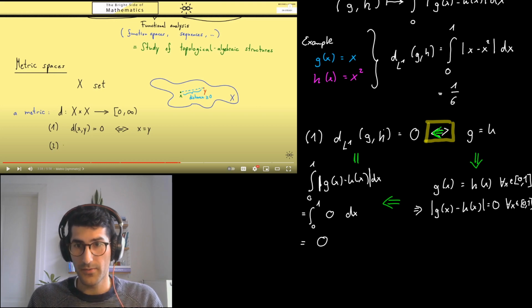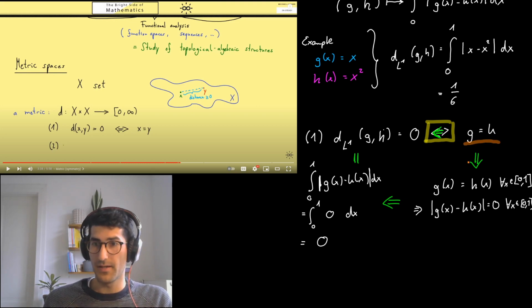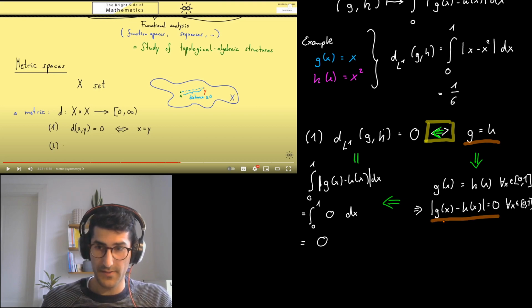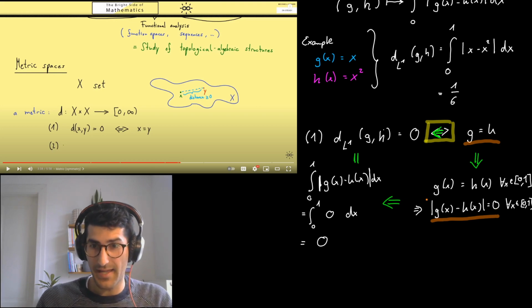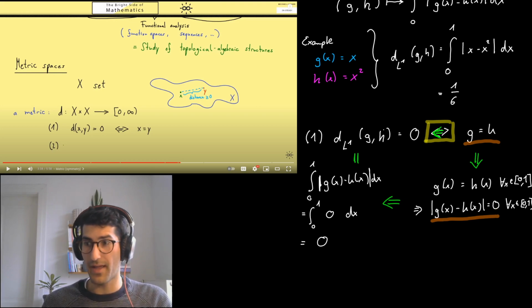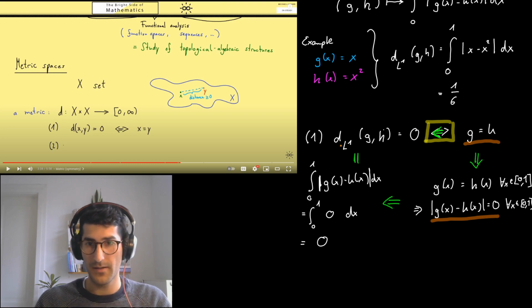So going through this proof again, what we saw is I start out with an equality of functions. I reformulate this equality of functions in terms of my vector space. Then I integrate along it because my distance function, my metric, involves an integral, and I derive an expression that I can easily integrate.